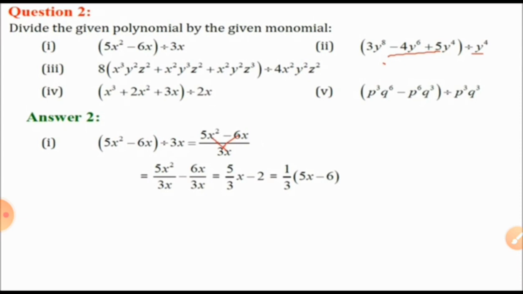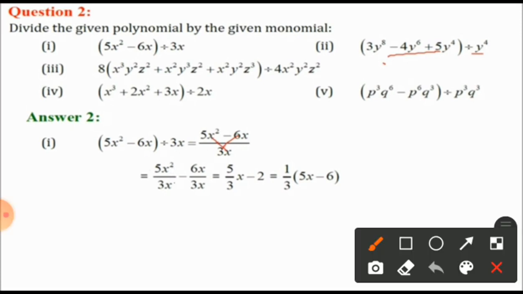So 3x divides both the terms. So 5x² divided by 3x minus 6x upon 3x. Easy? 3x first term, minus sign, this one. Okay, 3 will cut, and then x will cut.